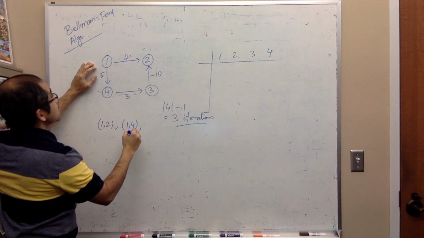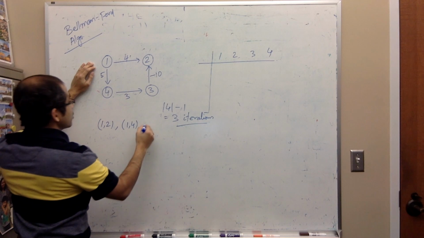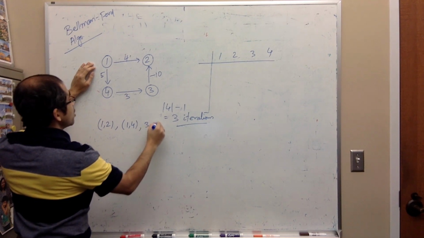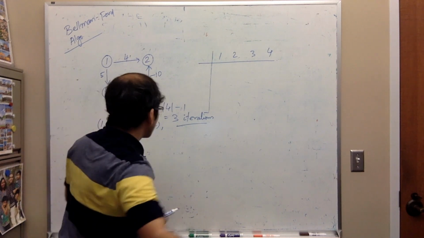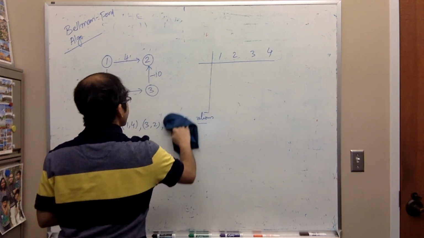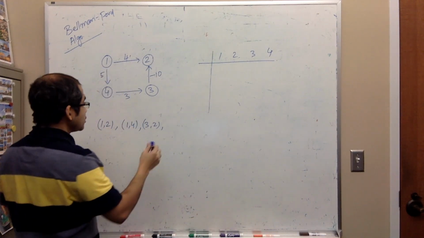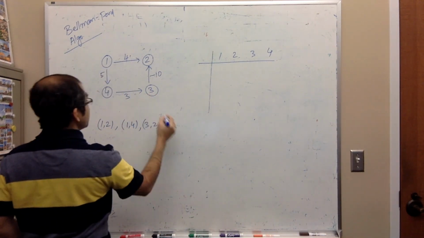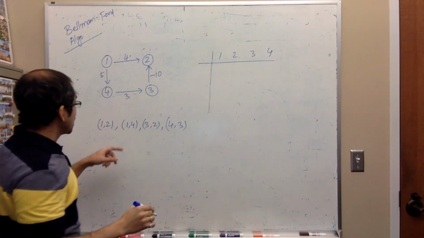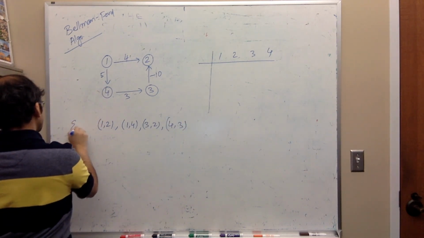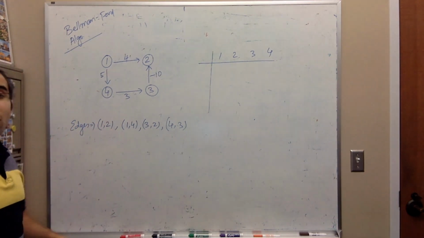Then from 2 we don't go anywhere, so 3 to 2, and then the last is 4 to 3. Okay, so these are the edges. Now we have to relax in that order.